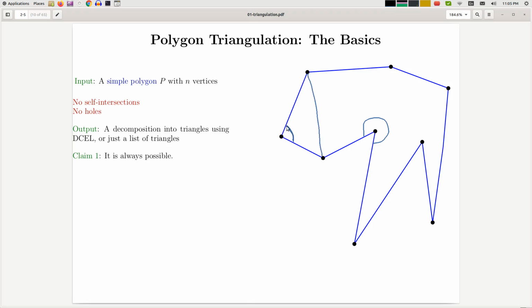Of course, if this angle is less than 180, then I could always connect the neighbors and it will go through the interior, at least at the beginning. Whereas if I have a vertex that has angle bigger than 180, then if I want to connect the two neighbors together, it will go outside for sure. So therefore, to find two vertices that I can connect, maybe I can start with these kinds of vertices and not those kinds of vertices.